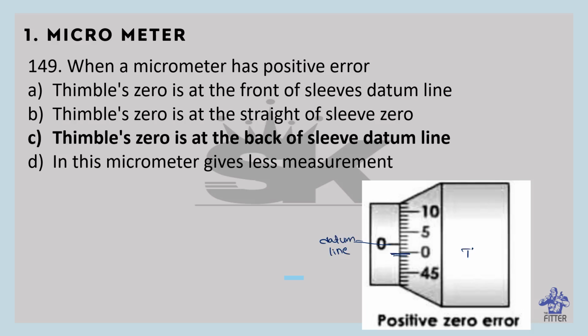This is the thimble. So it is below the datum line. So that is positive zero error.